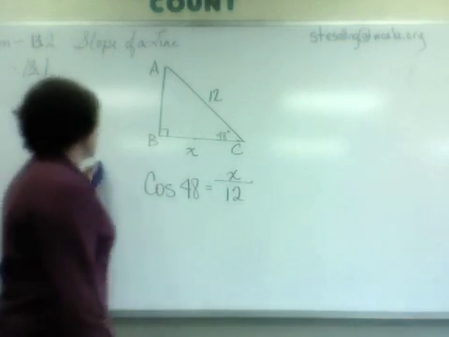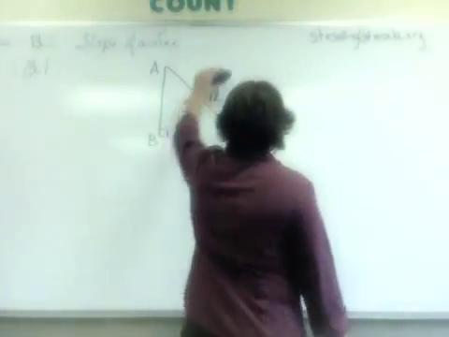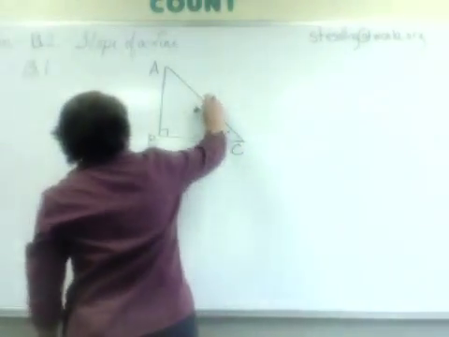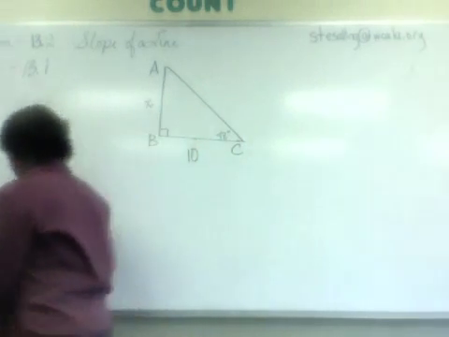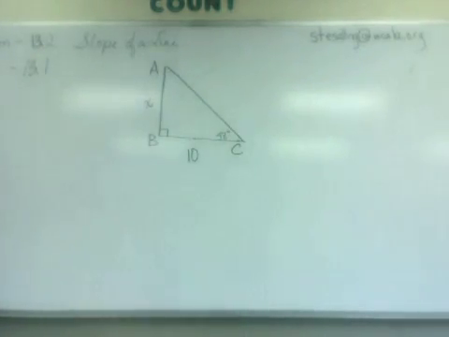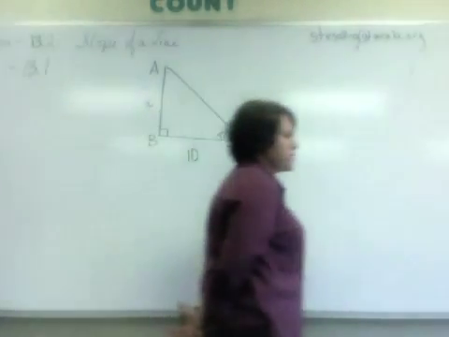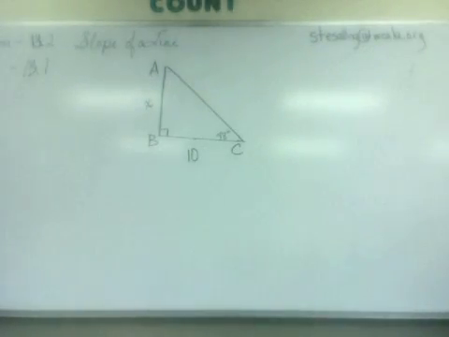Now let's look at one more possibility. Suppose these were the three given things that I am either knowing or looking for. I cannot use Pythagorean theorem. I don't know at least two sides. But I can use a function. Tell me, in relation to the 48-degree angle, which function can I use to find the missing piece?